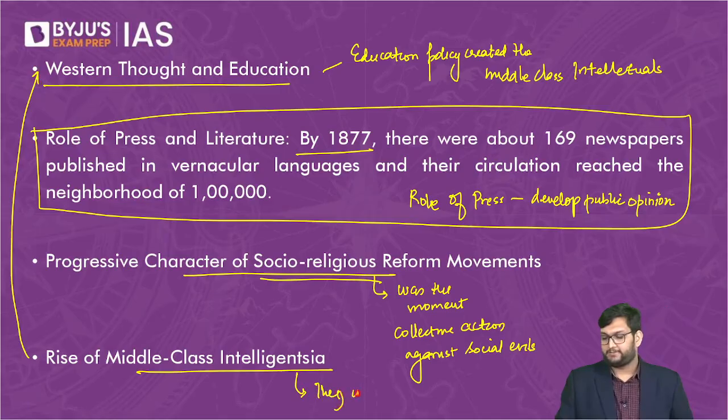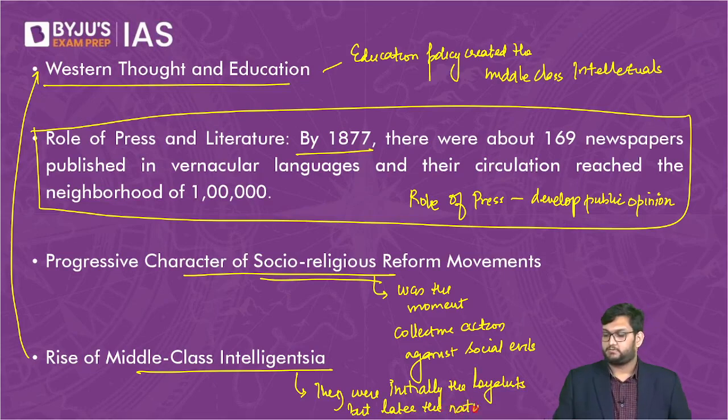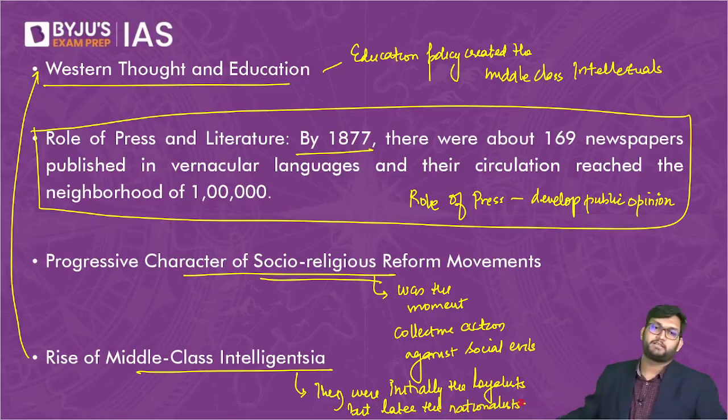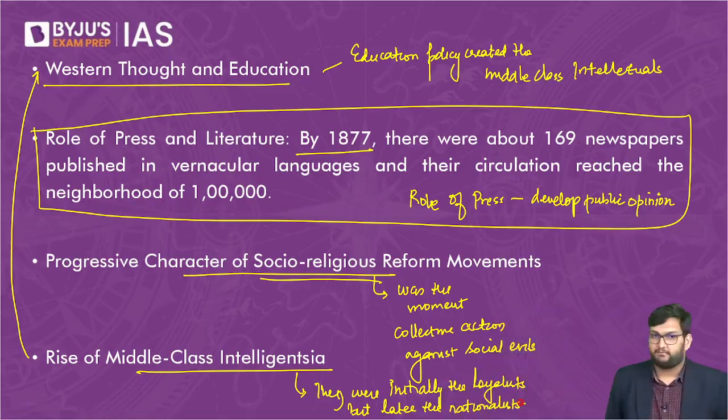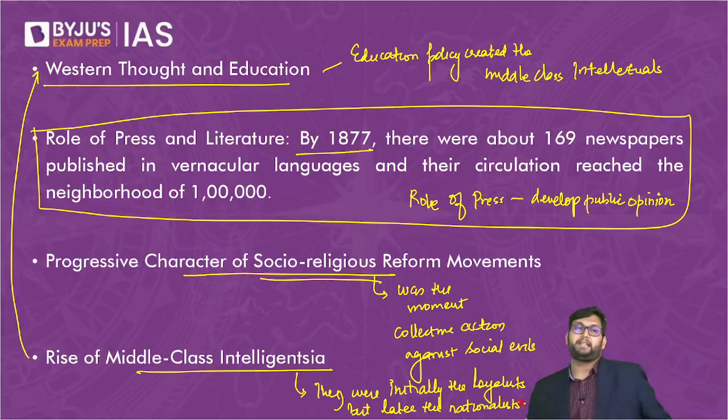They were initially the loyalists, but later the nationalists. So they were created as a group which would protect the British, but they are also the group which destroyed the British over a period of time. Right? Clear, everybody? That middle class intelligentsia was the utilitarian idea that let us create a loyal class, but this same loyal class is going to destroy the British in the long run.